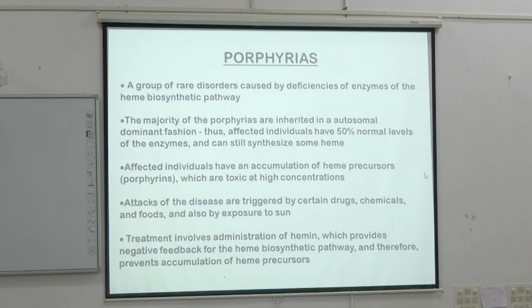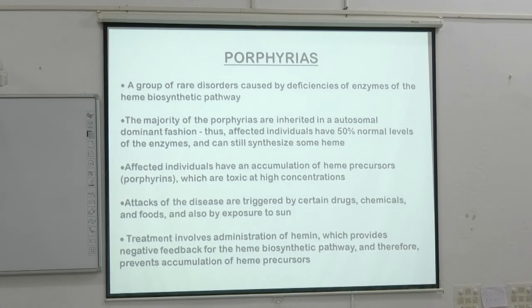Okay. Now come to porphyrias. What are porphyrias? They are a rare group of disorders caused by deficiency of enzymes in the heme biosynthetic pathway. The normal mode of inheritance is autosomal dominant, not recessive, autosomal dominant.